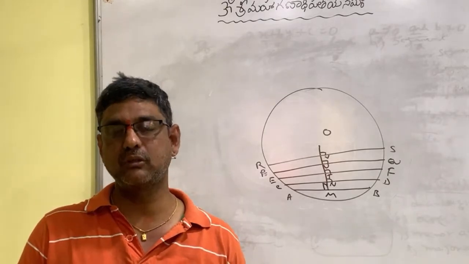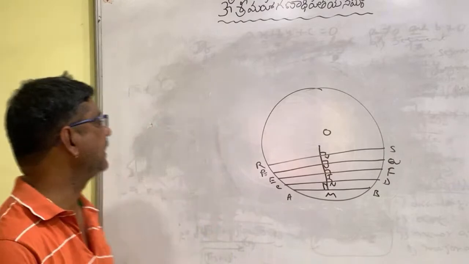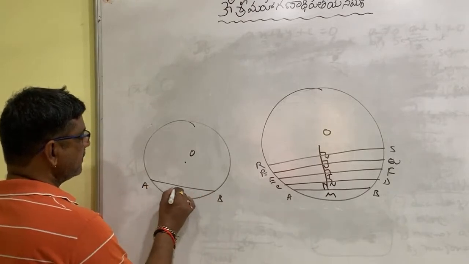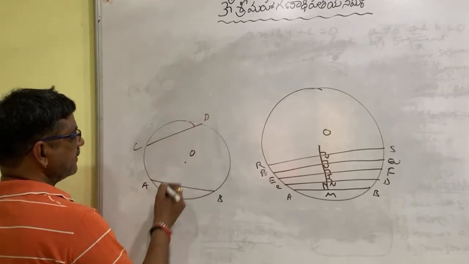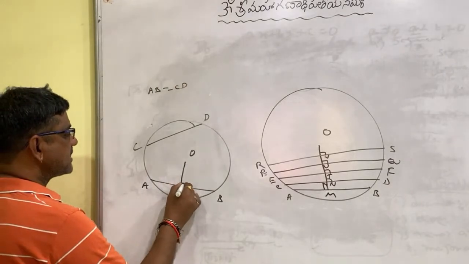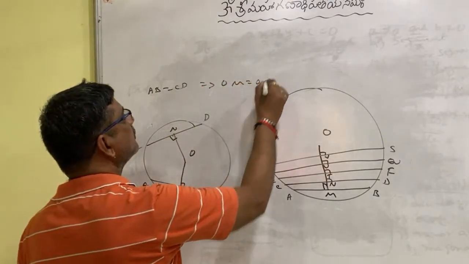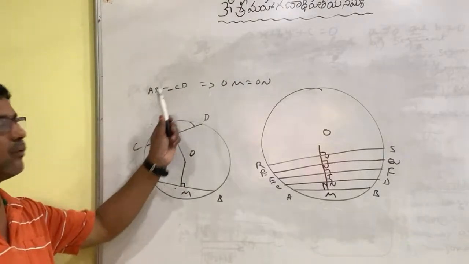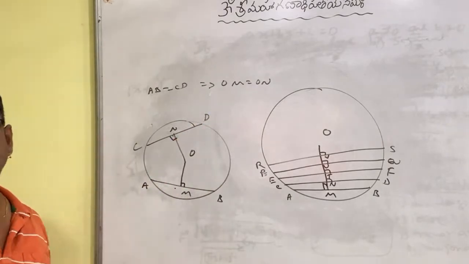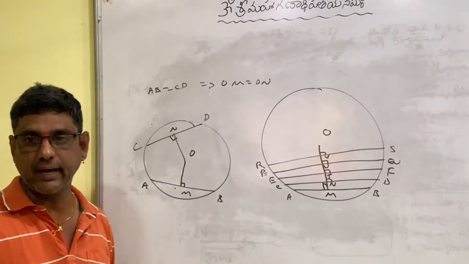Suppose two chords AB and CD are having equal length, then the perpendicular distance from the center to the chords is also equal.